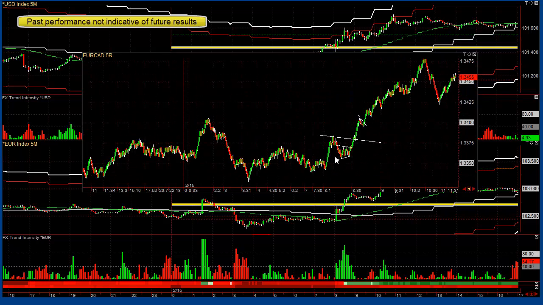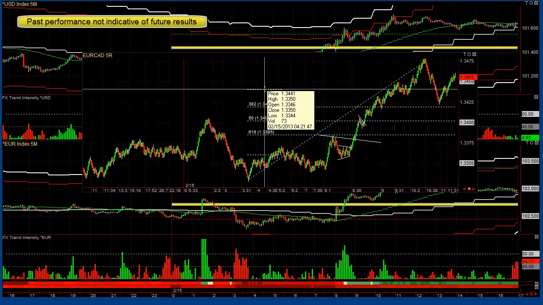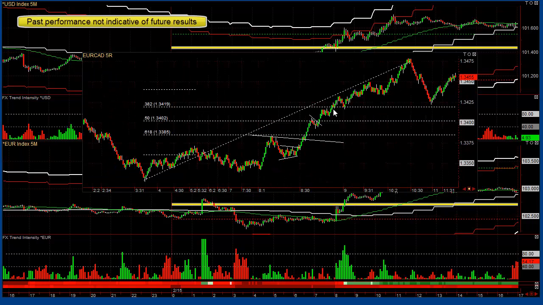Remember, if you draw your fibs on there, you avoid unnecessary short-term losses, right? This is the place where it becomes relatively safe to start looking for a pullback and buy, and this is where it's ultimately the safest.